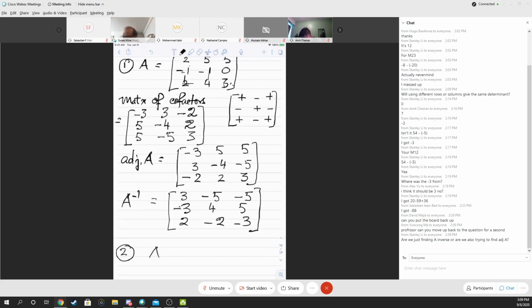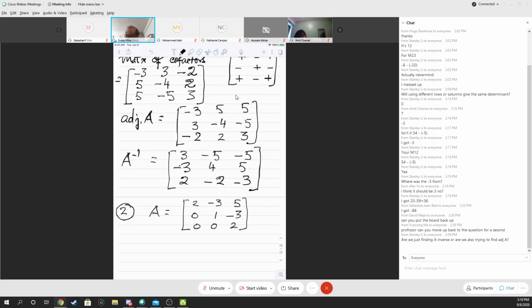Let's do this and then we can end today's discussion. The matrix is 2, minus 3, 5; 0, 1, minus 3; 0, 0, 2. We already saw that the determinant of A is 4.